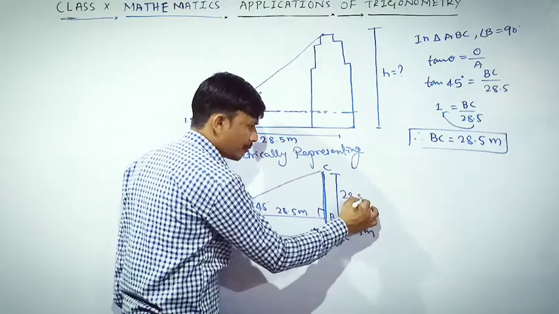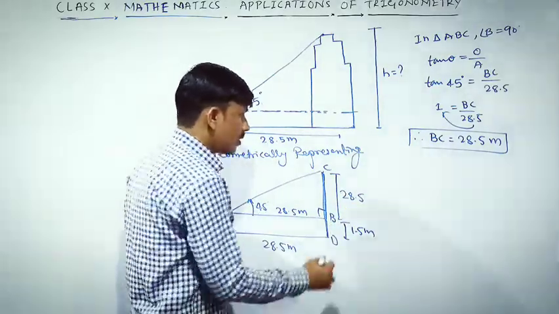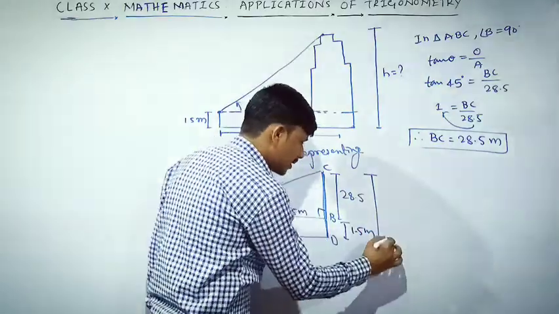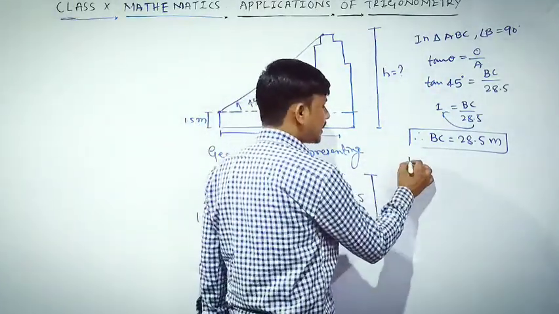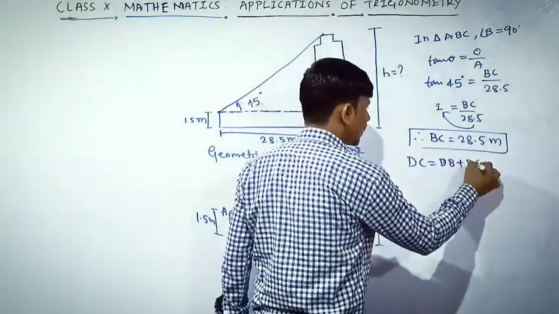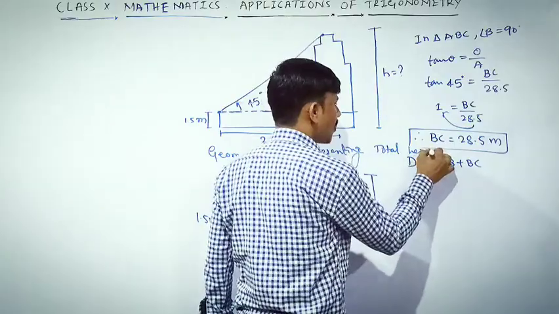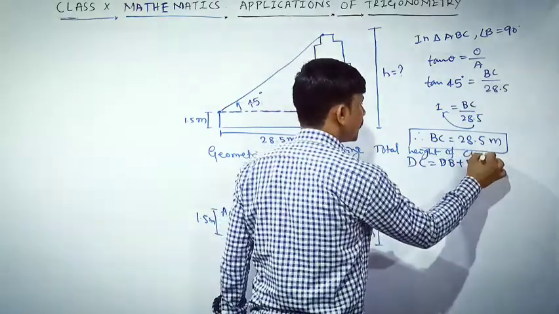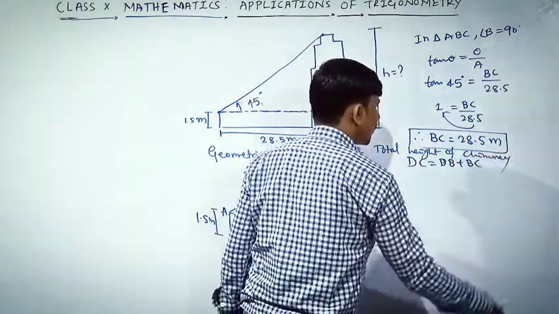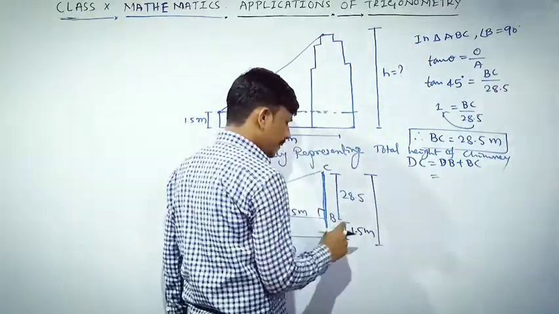This is the BC value. But we need to find out the total height of the chimney. Total height of the chimney is equal to DC is equal to DB plus BC. Yes or no? Then what is DB value?